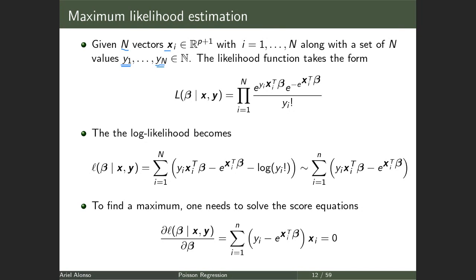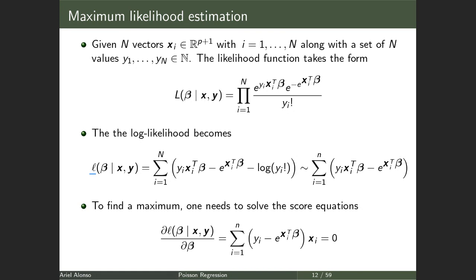So here I have my likelihood, and now I have to look at it as a function of beta. We need to maximize this as a function of beta. So it's now a pure mathematical problem. The likelihood typically involves a product, and that's difficult to handle mathematically. That's the reason why we don't work with the likelihood per se, but with the log likelihood, which is just the logarithm of the likelihood. Why?